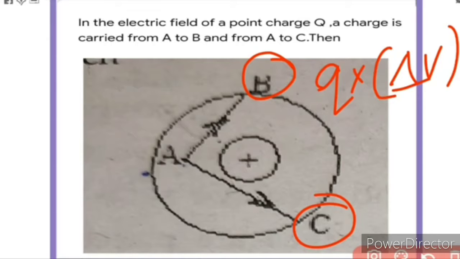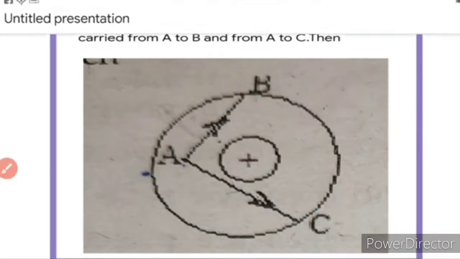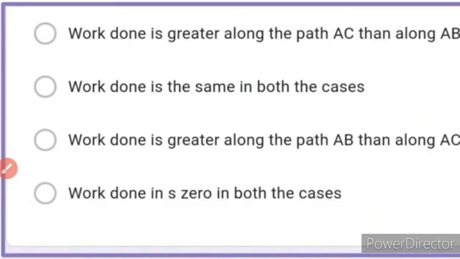Then what about delta V? Whether it is from A to B or A to C, delta V will be the same because B and C are at the same potential. So here the potential difference is the same, hence the work done will be the same. So the second option is correct, that is work done is the same in both cases.